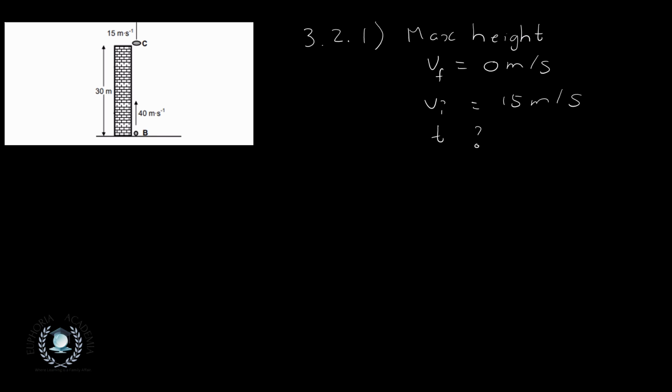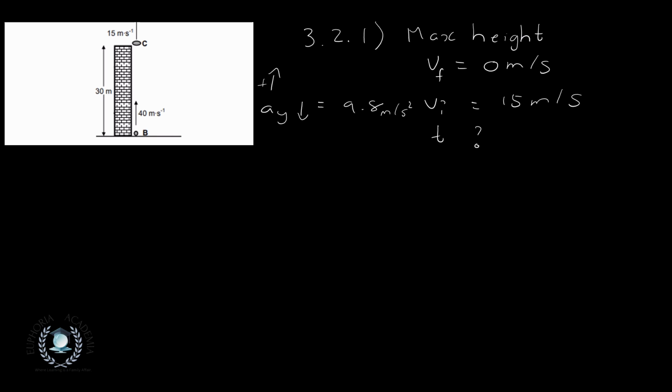But it's also important to determine or say which direction you're taking as positive. So in this case, I am going to take up as positive, but our acceleration due to gravity is acting downwards, and that has a value of 9.8 meters per second squared.